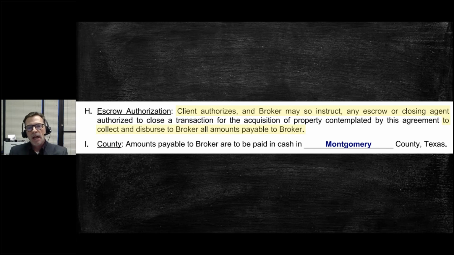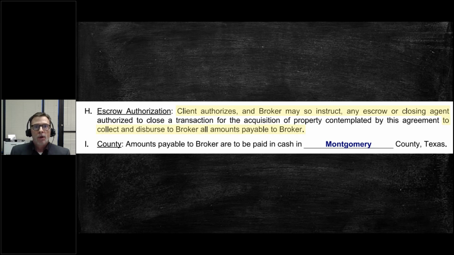This provision is designed to establish venue in a court action. That is the county where the lawsuit can be brought. It definitely can be brought in the county where the brokerage has its principal place of business. It also could be brought in the county where the property sits. The issue that I have with that is that typically when you sign up a buyer-tenant representation agreement, you may not have a specific property in mind.